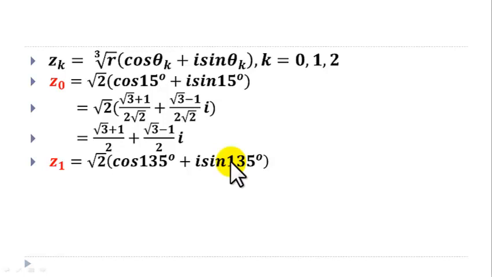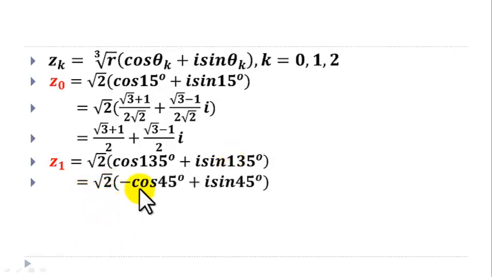So this will give us square root of 2 into minus cos 45 degrees. That's subtracting 135 from 180 will give us 45 degrees. And since cos is negative in the second quadrant, that's why we have the negative sign here. Then plus i sin 45 degrees.